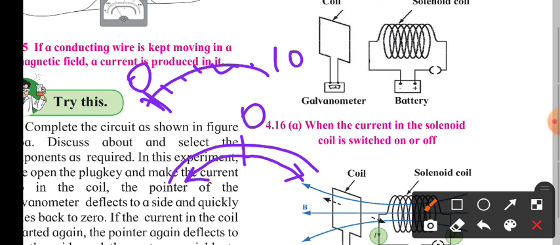Means the two directions on the meter scale of the galvanometer show the two directions of the electrical current in the circuit, from which end to which end the current is moving.